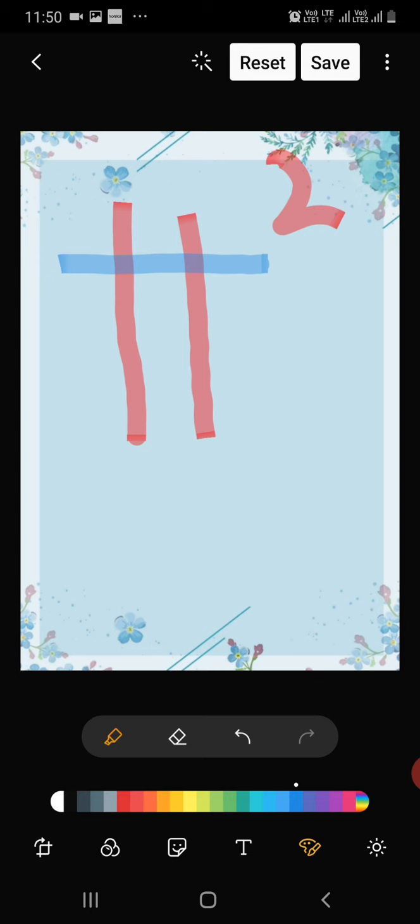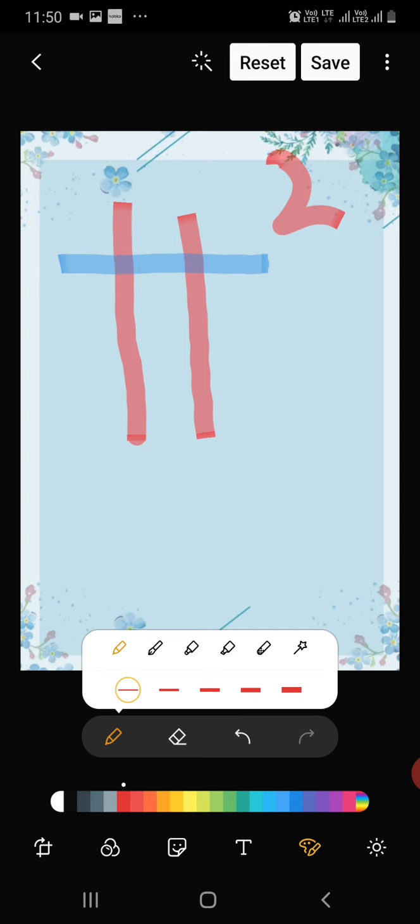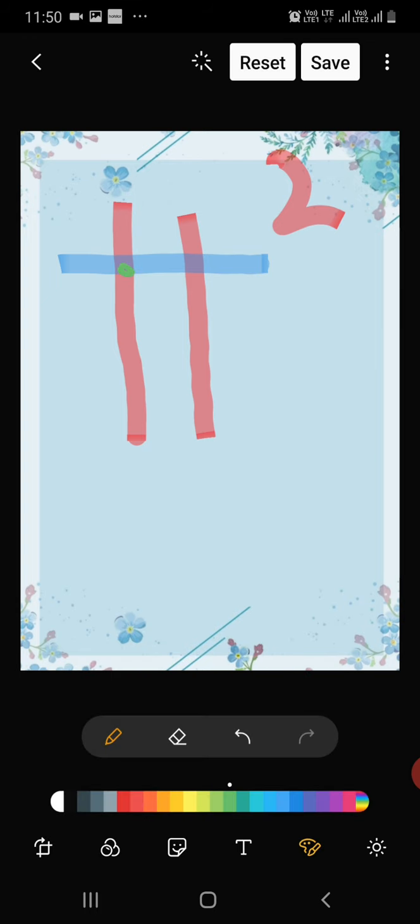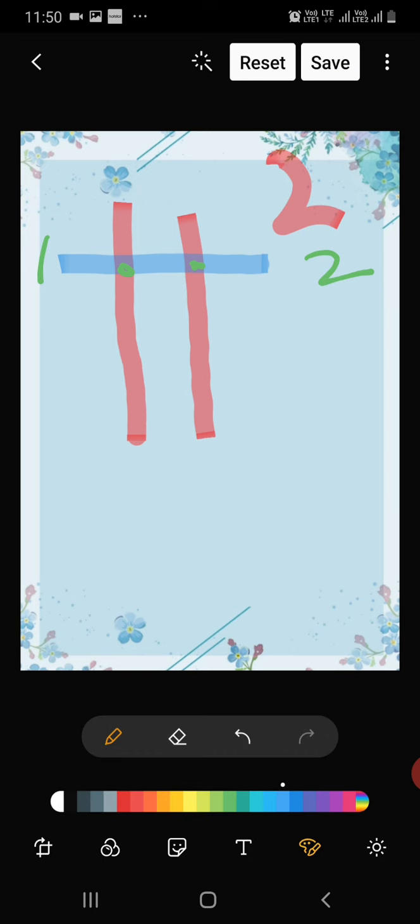Okay, so let us see this horizontal line intersects these 2 standing lines at how many points? This is first point, this is second point. So 2 ones are 2, right?